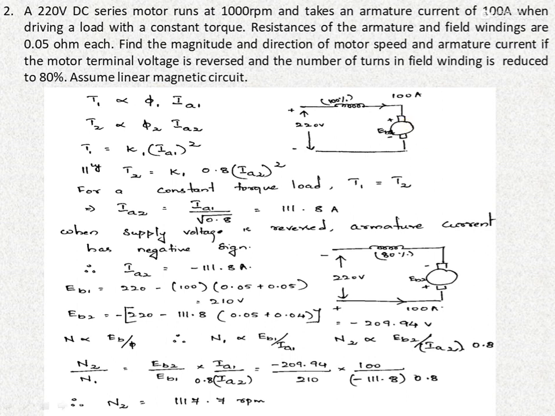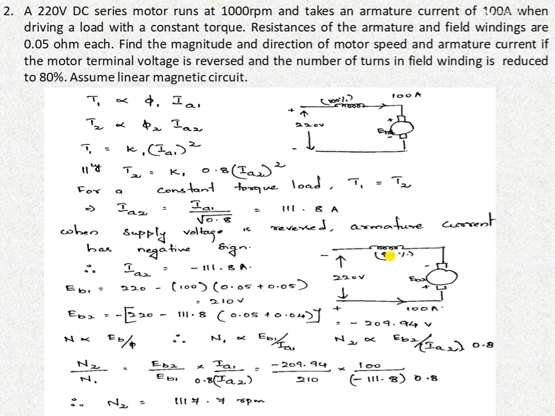In the case of this series motor, you have reversed the polarity at the input side. While reversing the polarity at the input side, you are reversing the polarity provided to both the armature winding as well as the field winding. So definitely there won't be any change in the direction of the speed or direction of rotation of the motor. Hope it's clear for you.